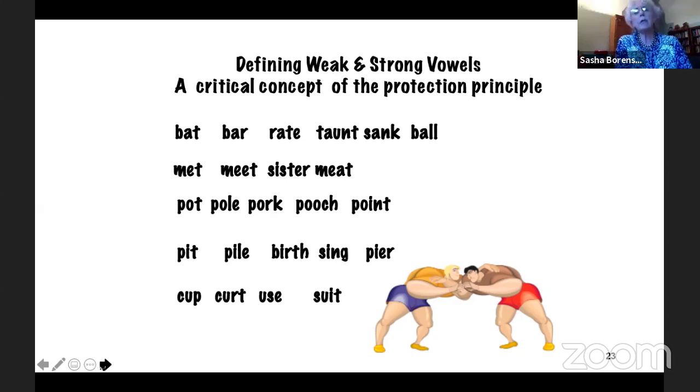So would you agree that that single vowel letter, its sound is really affected by the letters that come after it? Its sound changes with some vowels and its sound changes with different consonants. Let's look at the second line. And here we have the words met, meet, sister, and meet.